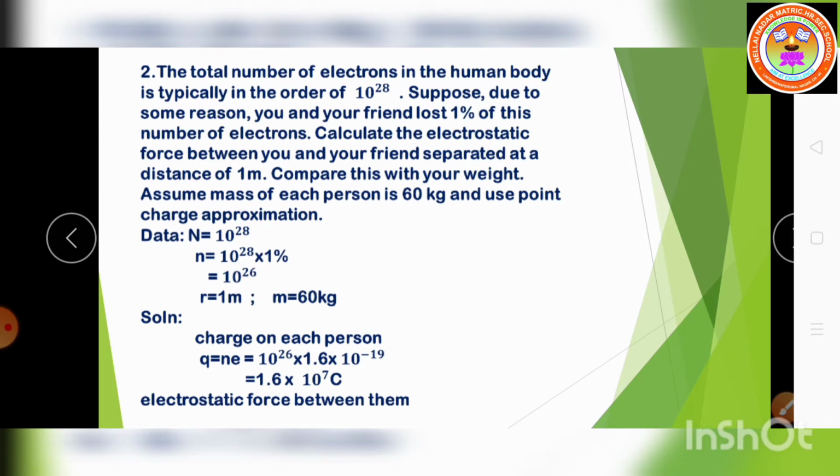What is the value of e? You all know that it is 1.6 into 10 power minus 19. So 10 power 26 times 10 power minus 19, 26 minus 19 is 7. So the answer is 1.6 into 10 power 7 coulomb.